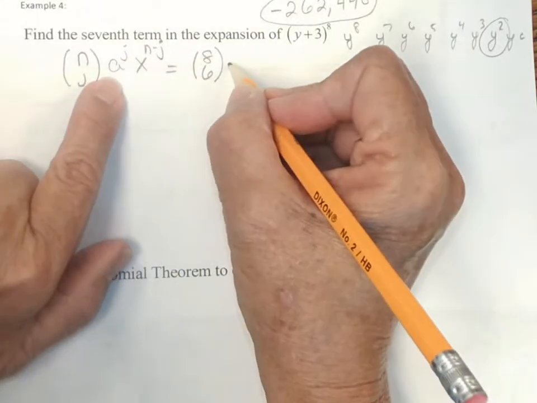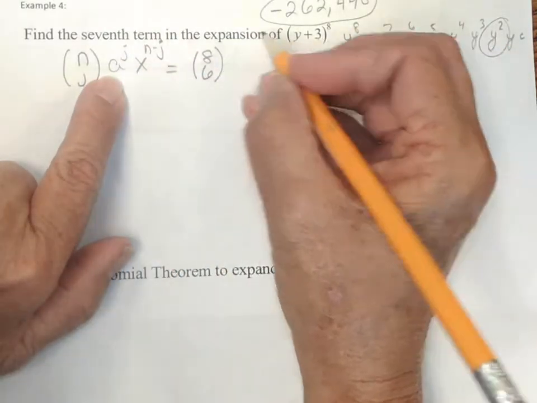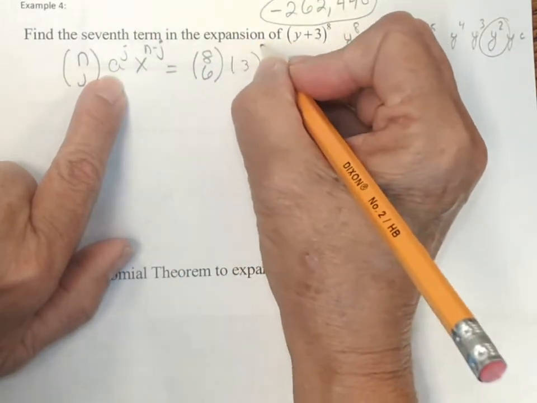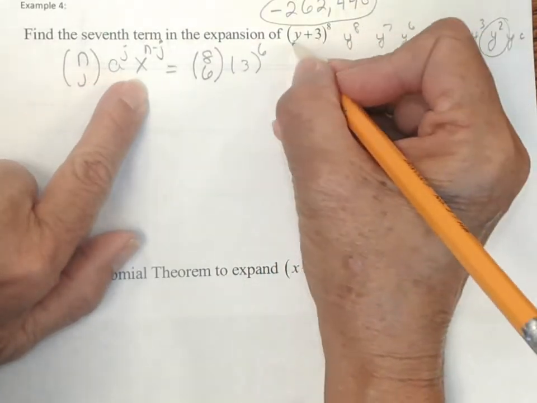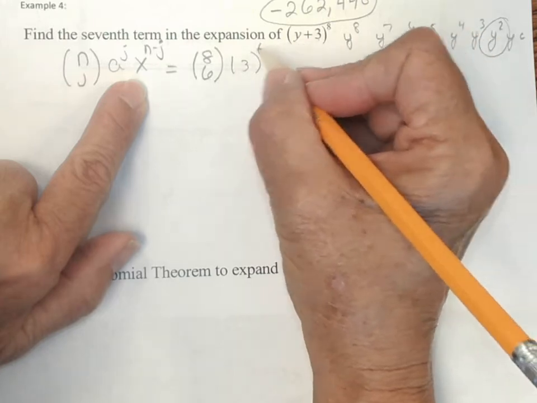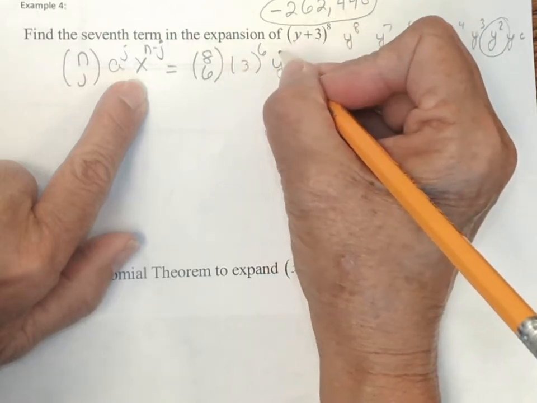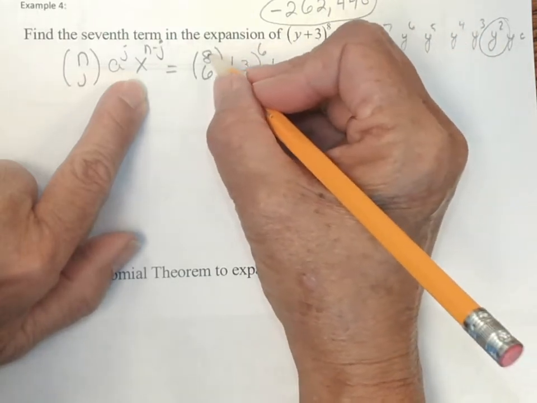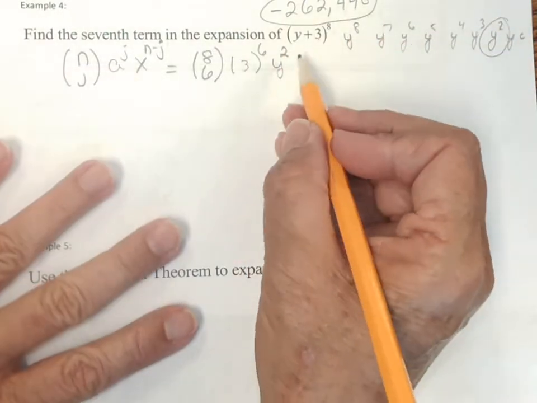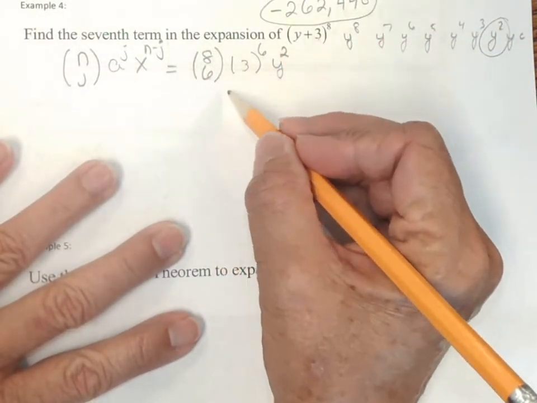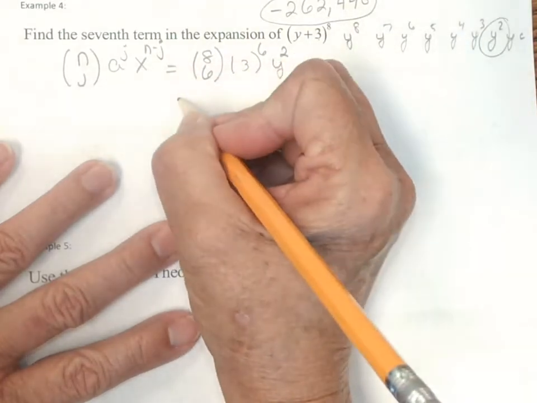And the value of this is going to be the a value, 3, raised to the 6th power, multiplied by y to the n minus j. So 8 minus 6 is 2.